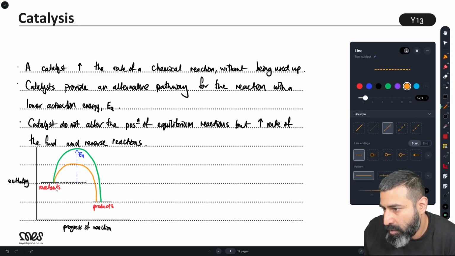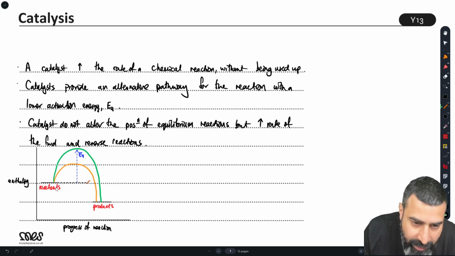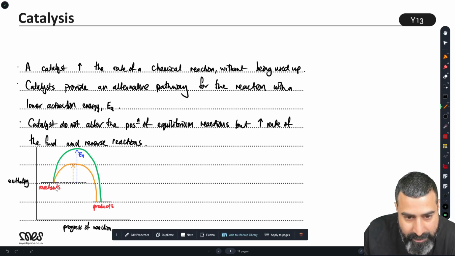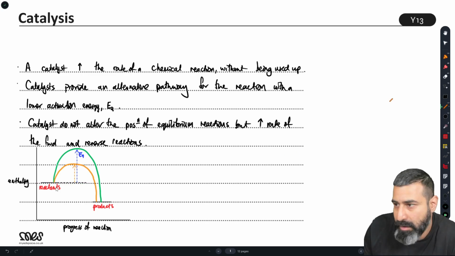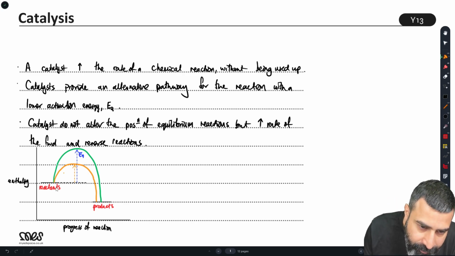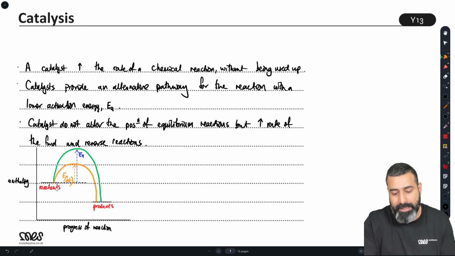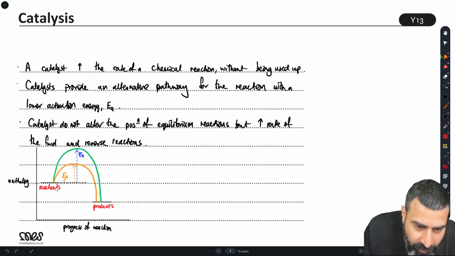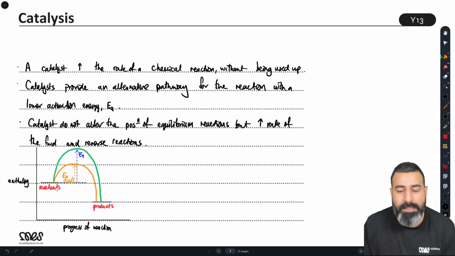So our activation energy this time is here. We've got lower activation energy, and that is EA cat. So that's EA, but this is a catalyzed reaction now, okay? So I'm just going to label that as EA cat.